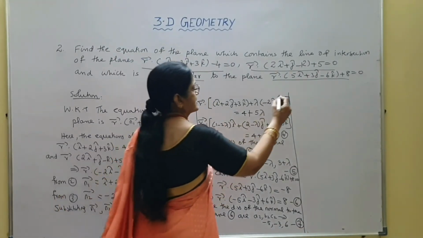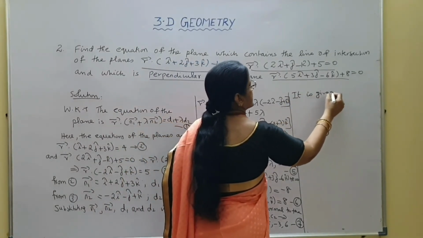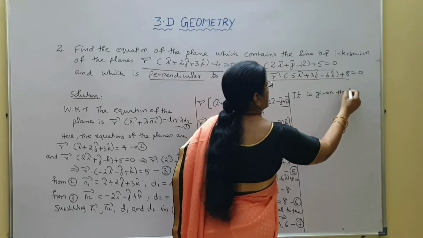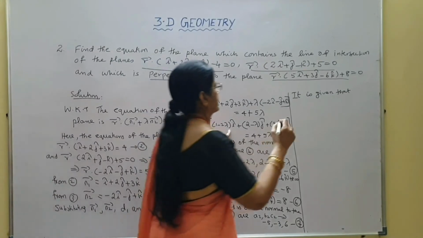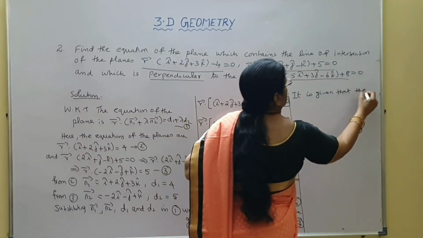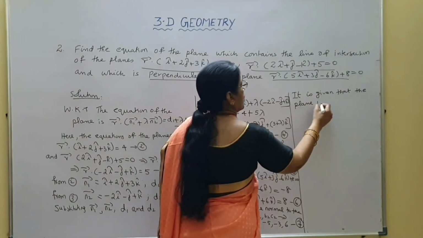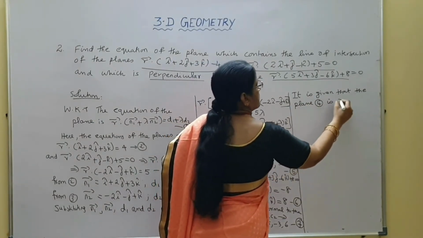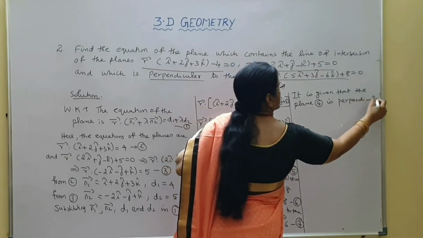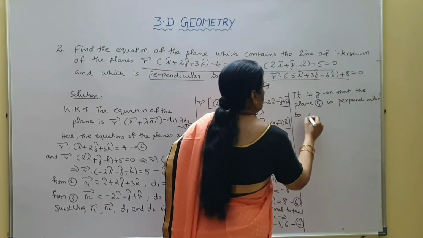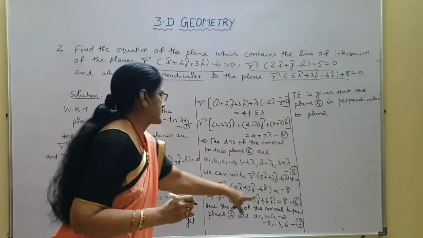What is given? It is given that the plane 4 is perpendicular to plane 6.